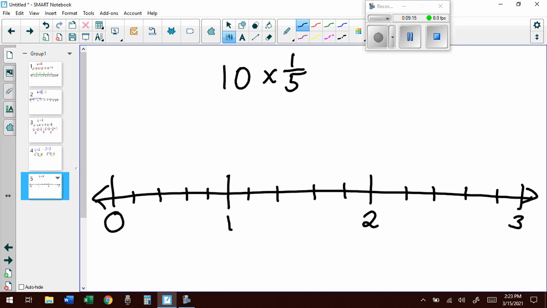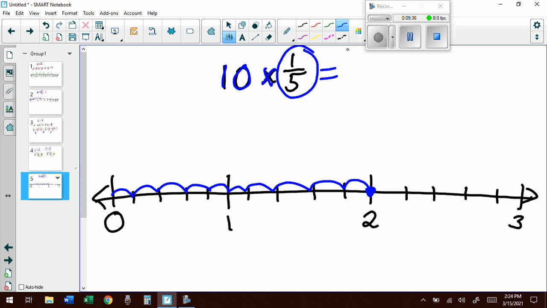So we need to go 1/5 10 times. 1, 2, 3, 4, 5, 6, 7, 8, 9, 10. And we land directly on 2.